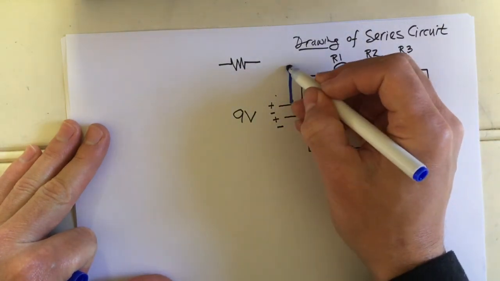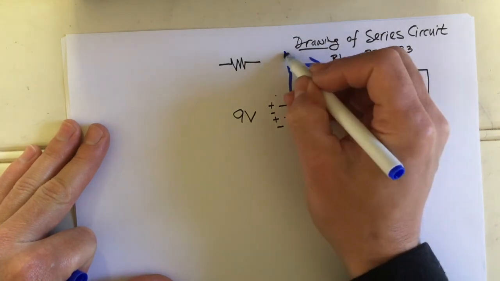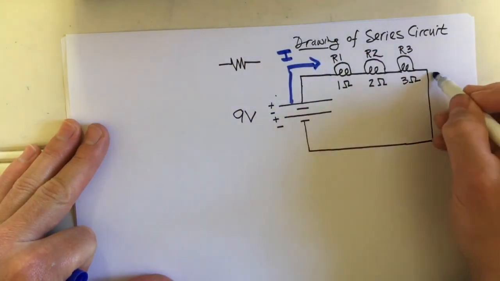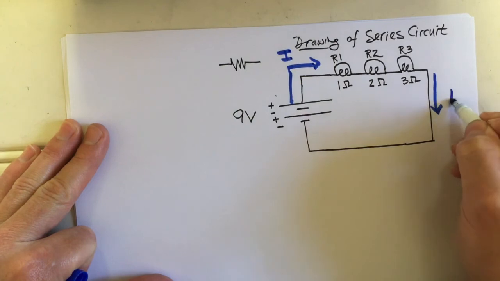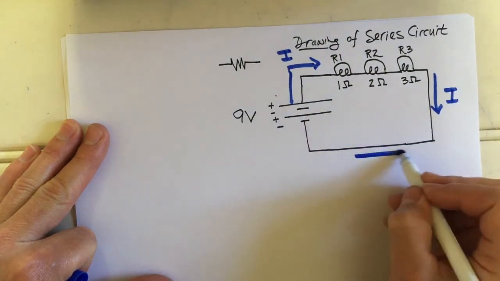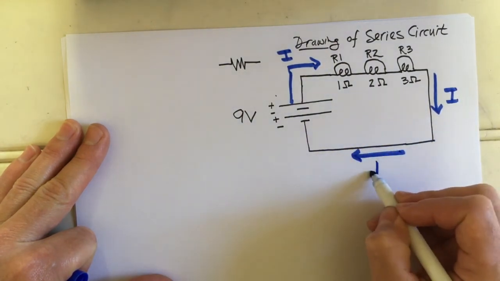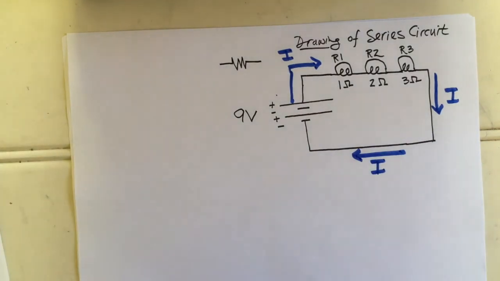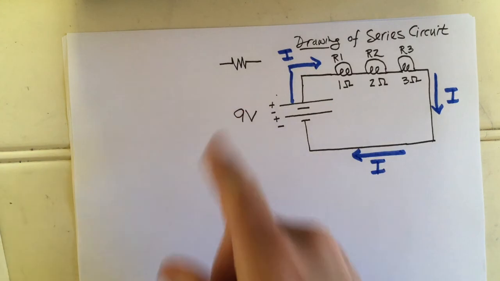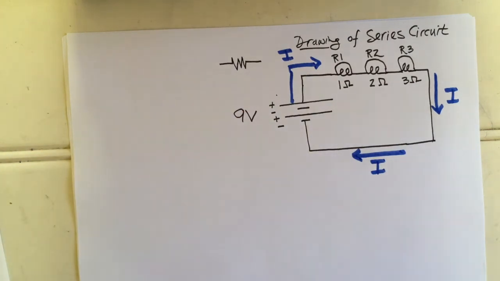So I'm going to go ahead and draw current, because I'm pretty sure on some of these problems they're going to ask you to do that. So once again, the current's moving clockwise because we always draw our battery the same and our circuit the same.